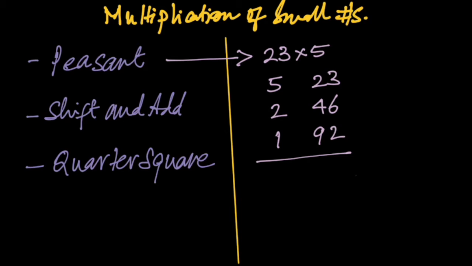Like for 23 and 5, we halved 5 and got 2, and then we doubled 23, so we got 46. Then we halved 2, it became 1, and then we doubled 46, it became 92. Then we are going to ignore the even number step, and add the numbers at the rest of the steps. So here we get 115.